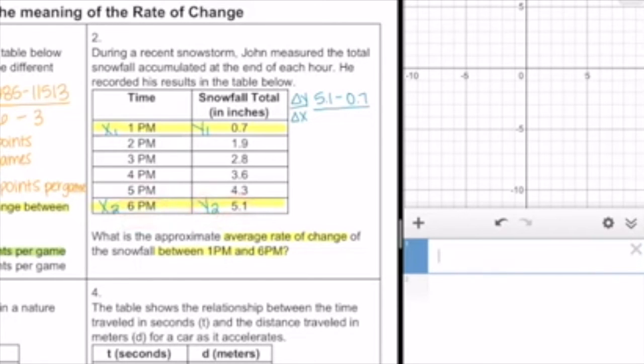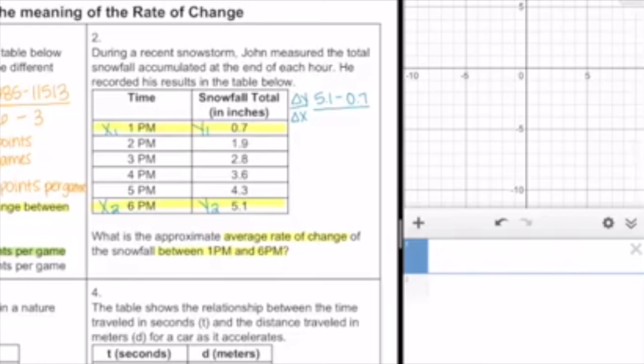Now, our change in x is an amount of time. We can't really subtract 6 p.m. minus 1 p.m. Sometimes that doesn't work because of our 12-hour clock. When we have 24 hours in the day, but we only have 12 hours on a clock, it's a little bit different when you're subtracting time. So what we're looking for is the change in x, or the change in time.